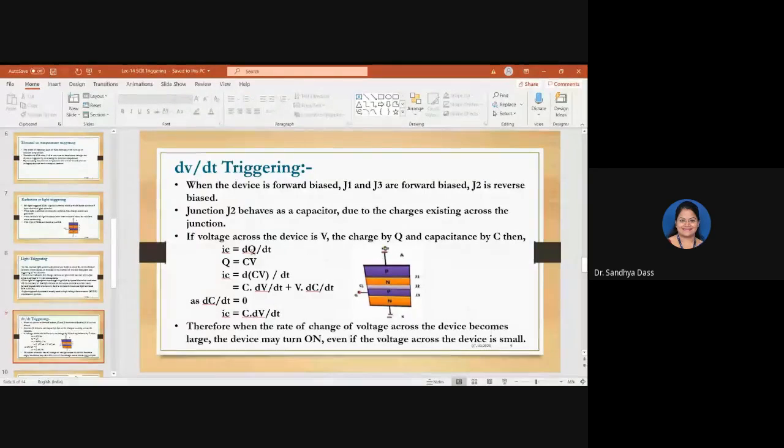So Q is given by C into V, where V is the voltage across it, and C is the capacitance.